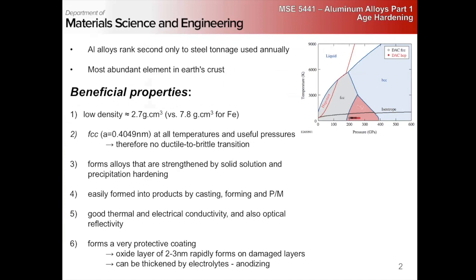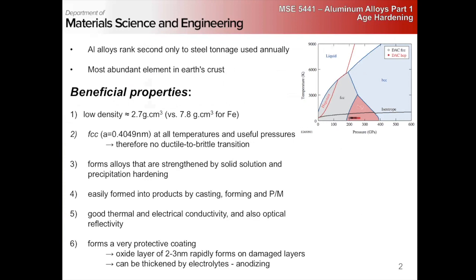You should know the general properties of aluminum. Make a note on your sheet of the lattice parameters. You should know that it's all FCC at any reasonable combination of temperatures and pressures. There are high pressure phases, but they're not quenchable. So as soon as you release the pressure, it goes back to FCC.